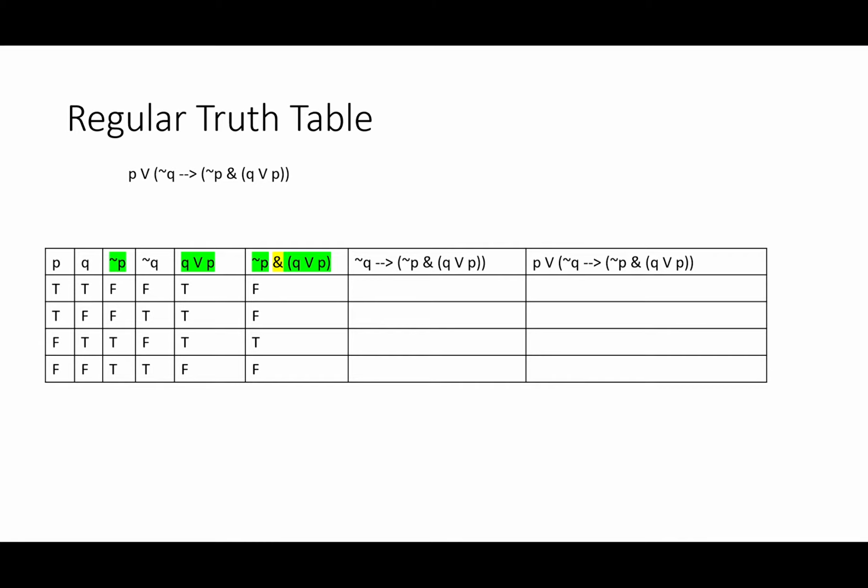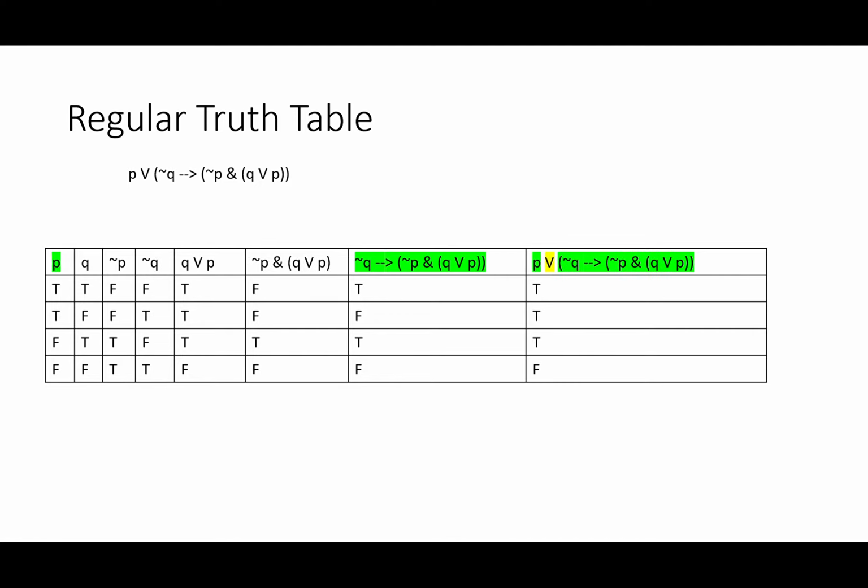We'll use those for our inputs, and we'll use ampersand, or and, for our operator. That's going to get us false, false, true, false. Now, we use the column that we just made as one of our inputs, along with not Q, and we apply conditional. That gets us our truth and falsehood outputs.